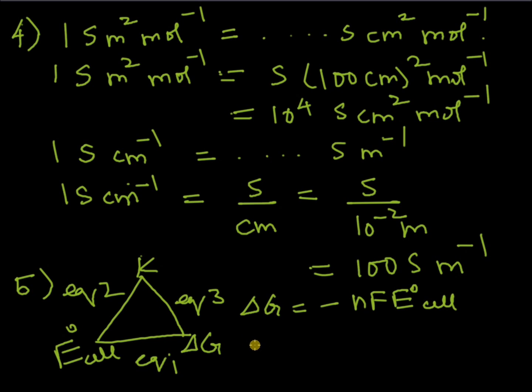This is only to recall the 3 important mathematical relationships which will be useful in working out problems in this unit. What is the relationship between E naught cell and K?